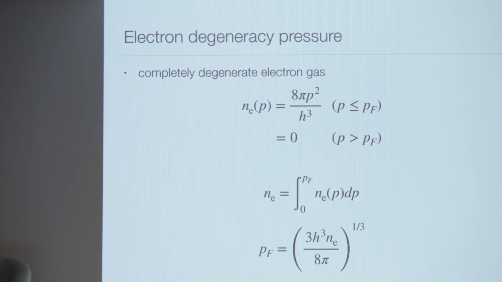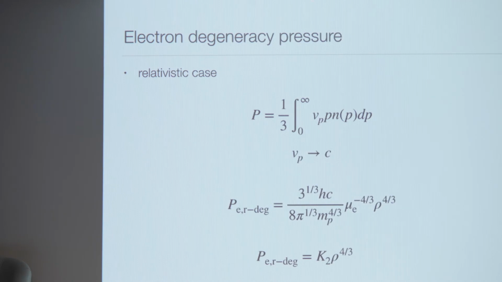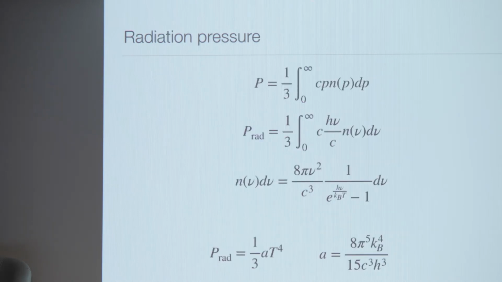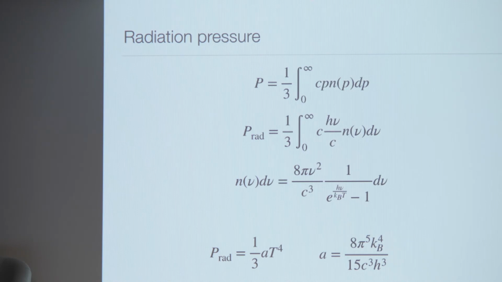But that pressure will be very small because the mass of the electron is about 2,000 times smaller than the ion, and that makes the degenerate pressure for the ions much smaller than that given by the electrons. So in the usual stars we are discussing here, we don't need to think about the ion degenerate pressure.